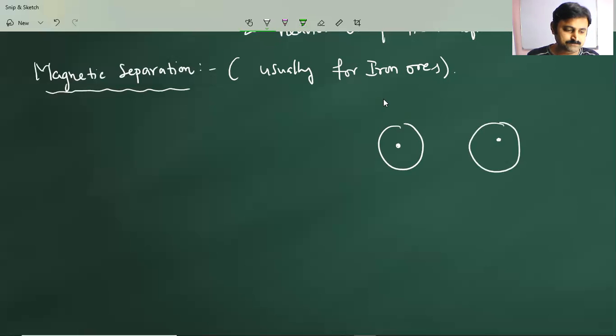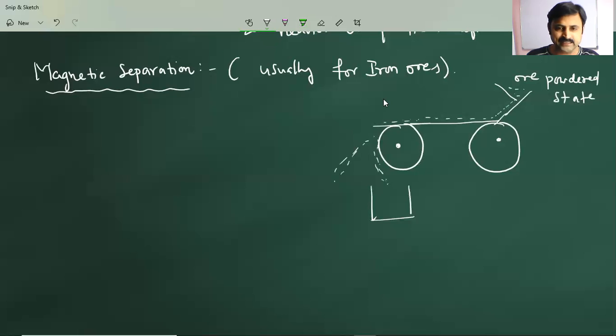Over that belt, we take the ore in powdered, ground state, and it will automatically fall over the belt and go along with the wheels, and two kinds of heaps will be developed. There are two containers here.